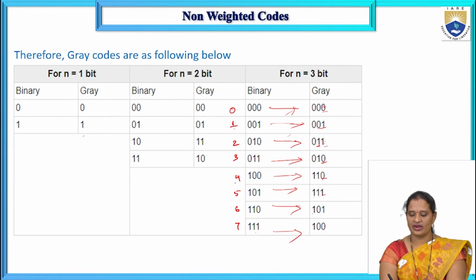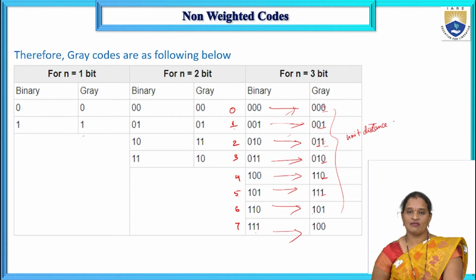If 4 and 5, incremented by 1, the gray code is 1, 1, 0 and 1, 1, 1. How many bit positions differ? Only 1 bit. So that is why we call this the unit distance code. Any 2 consecutive codes differ by only 1 bit position. So that is why the gray code is also known as the unit distance code.